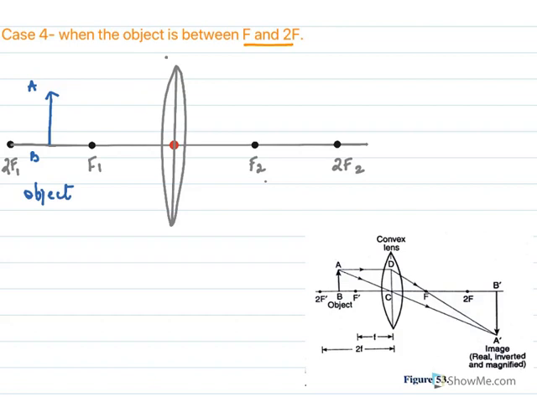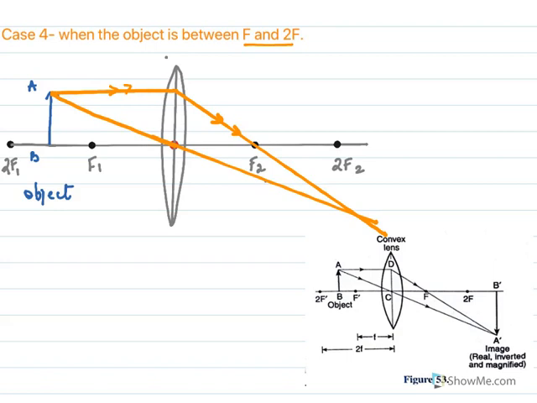We take two rays, one that is parallel to the principal axis and the other one that passes through the optical center. The one that is parallel, after refraction, will go through the focus, and the one that is going to the optical center goes undeviated.